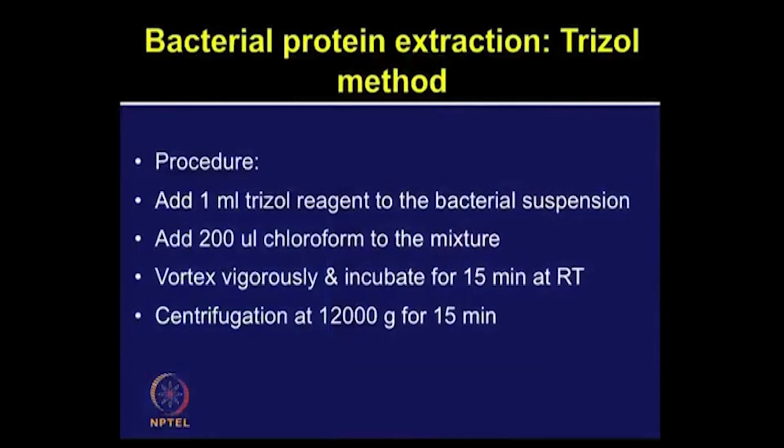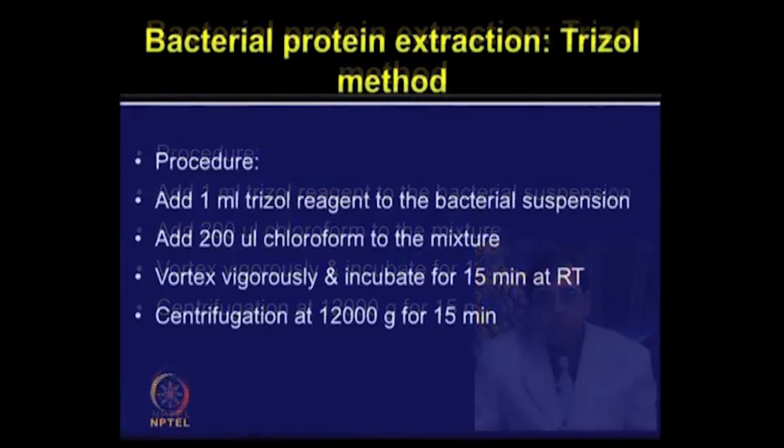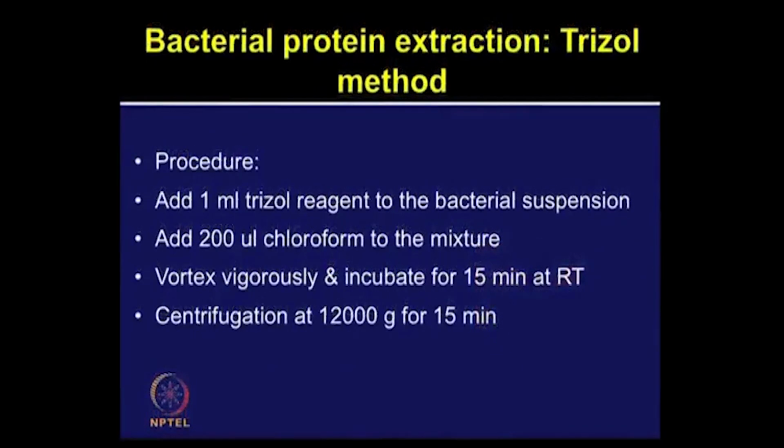So, you can start with 1 ml of Trizol reagent and add that to the bacterial suspension, then add 200 microliters of chloroform immediately to the same mixture. Vortex this mixture vigorously for 15 to 30 seconds and incubate it at room temperature for 15 minutes. Centrifuge the sample at 12,000 g for 15 minutes.